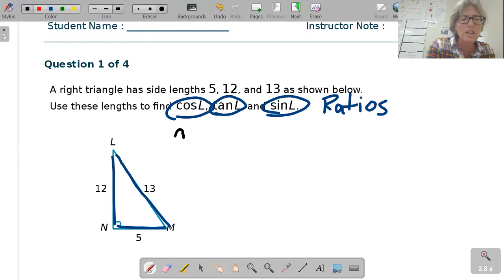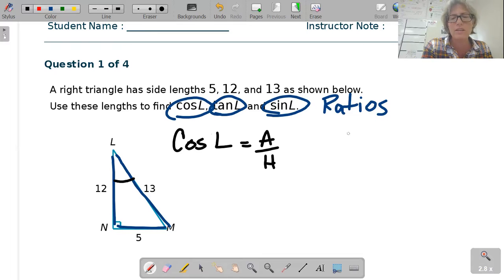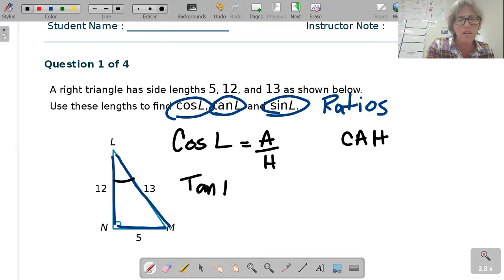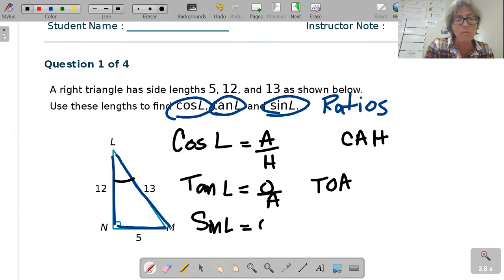If it wants the cosine of angle L, it is asking for the adjacent over the hypo because it is CAH. If it wants the tangent of L, it wants the opposite over the adjacent because of TOA. If it wants the sine of L, it wants the opposite over the hypo.